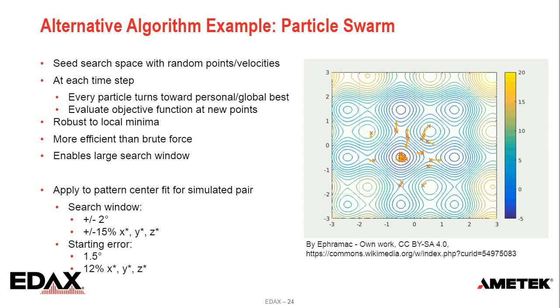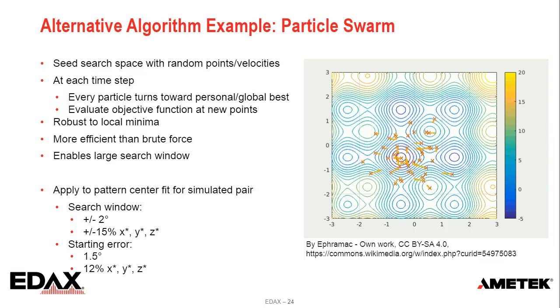And then you do an iterative approach where each point is accelerated towards a combination of the best point that everyone has found and the best point that it's found over the course of the algorithm. And this requires much fewer evaluations than a brute force grid to get a similar resolution. And it enables you to search a large window, even something like this, which has lots of local minima, and still do a good job finding the maxima.